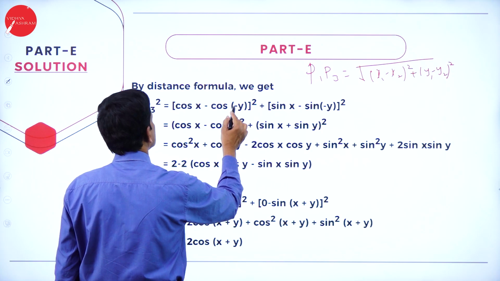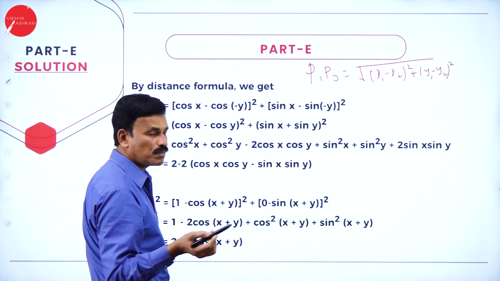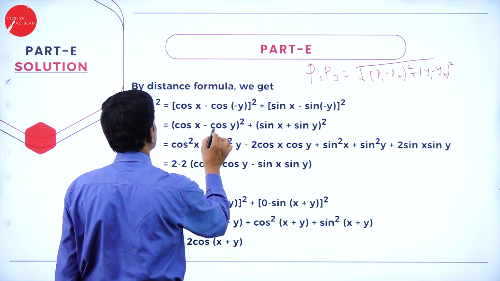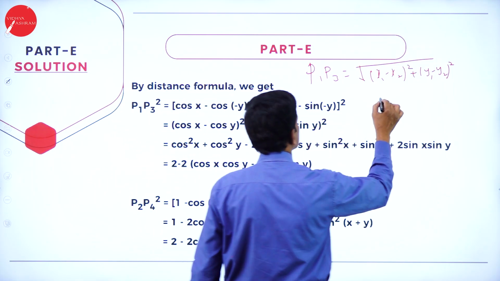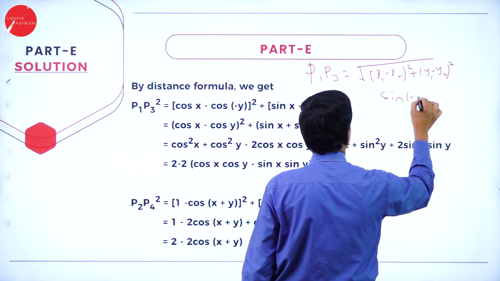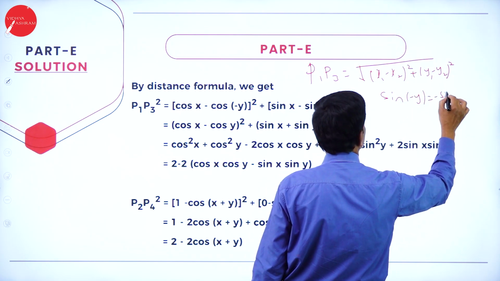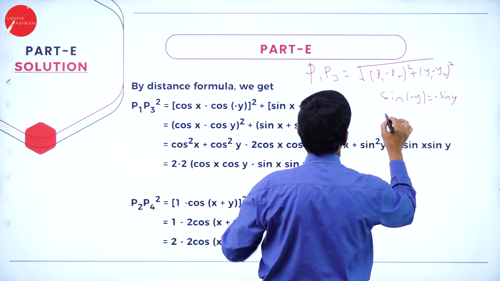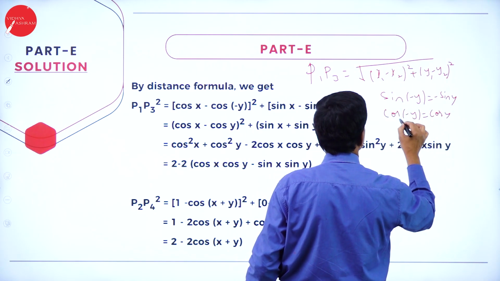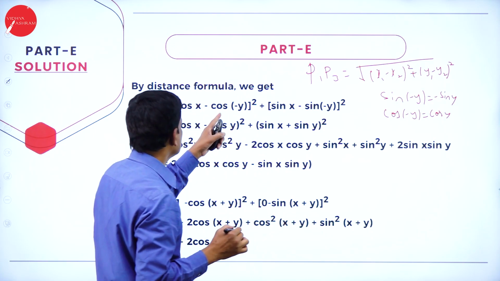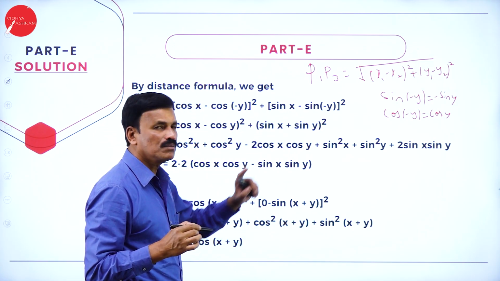Since cos(-theta) is cos theta, and sin(-y) is minus sin y, this becomes minus into plus, which is minus, and minus becomes plus.